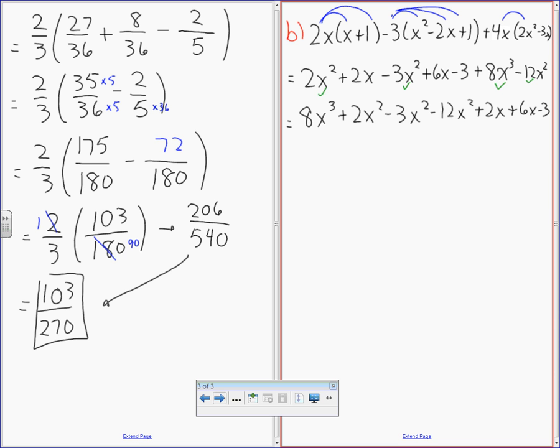Okay, so if you remember what happens here then is x squareds can add with x squareds, x's can add with x's, and cubes can add with cubes, and numbers can add with numbers. Okay. Natalie, I'd like you to be brave, please. 8x cubed is staying as 8x cubed. What is 2x squared minus 3x squared minus 12x squared, please?